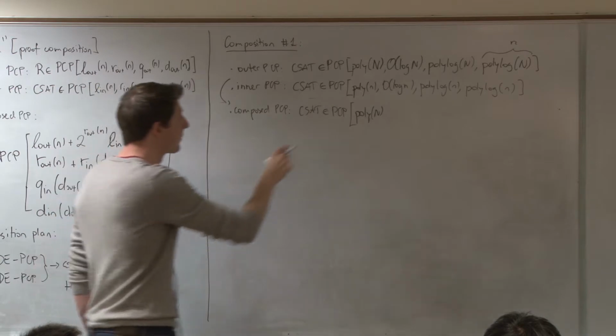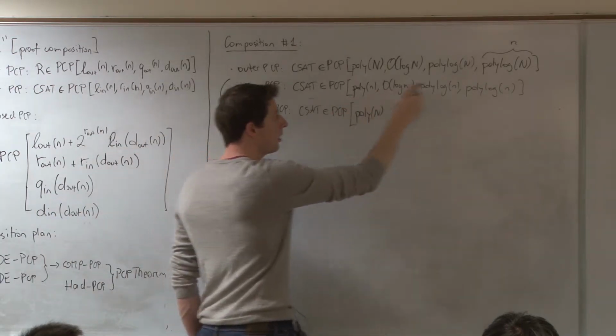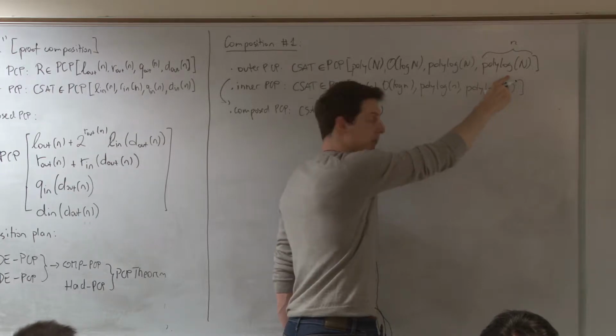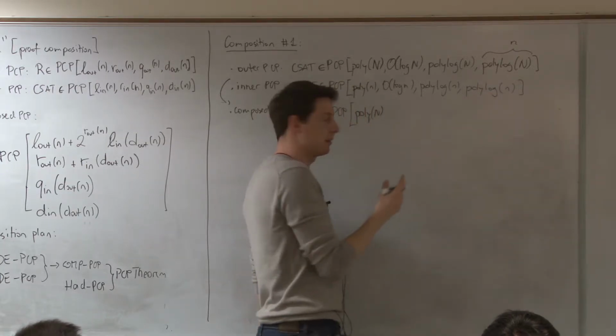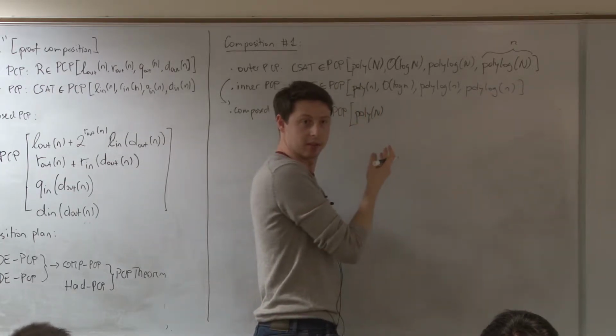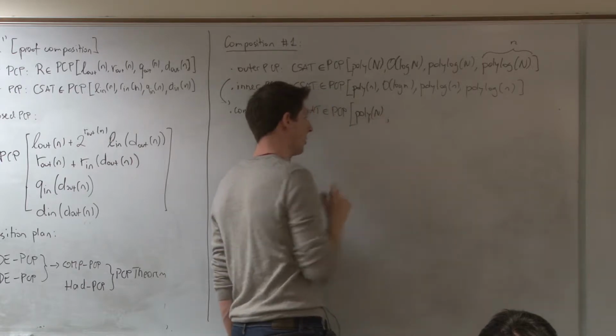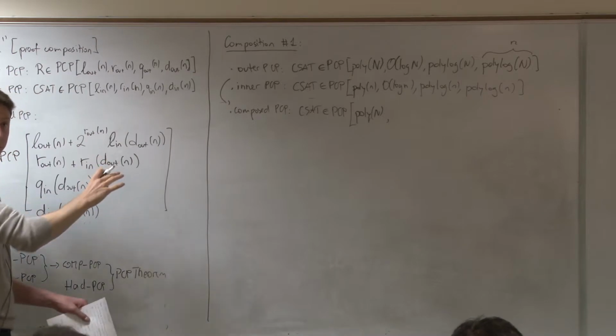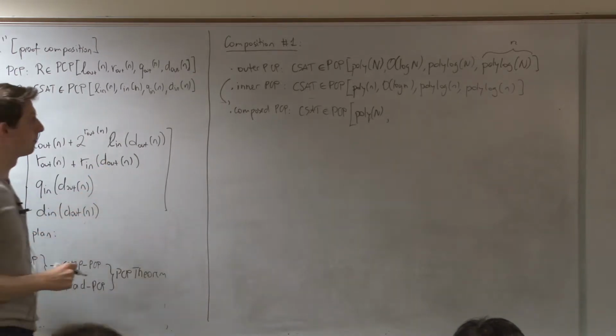So it would be poly of polylog n, but it's still poly n everything. So the proof really grew. I mean, we added stuff, but it's still poly n.